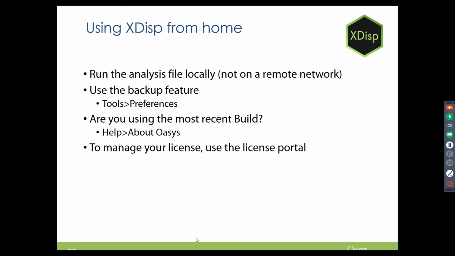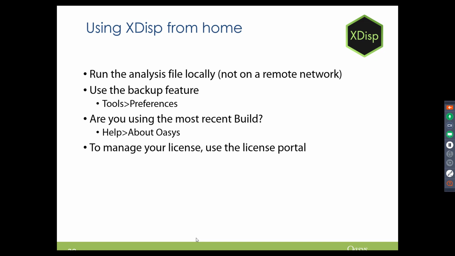Okay, so we know under the current circumstances that a lot of people are using XDisp from home. So we're getting a lot of queries on running the files and how to run them more successfully. We do advise you to run the analysis file locally, so not on a remote network. Save regularly as well, like I showed you I was doing today. There is a backup feature which you can access through tools and preferences, so we suggest you use that.